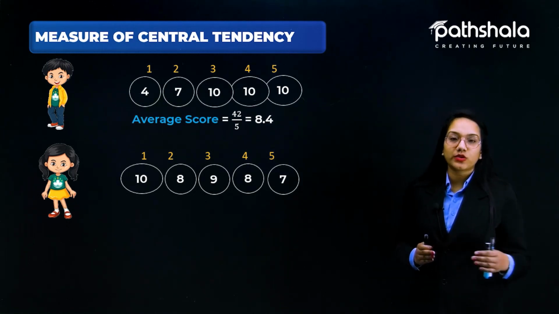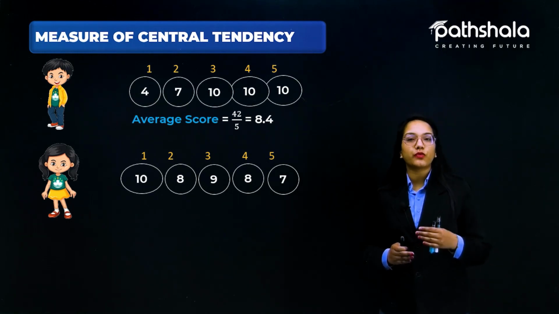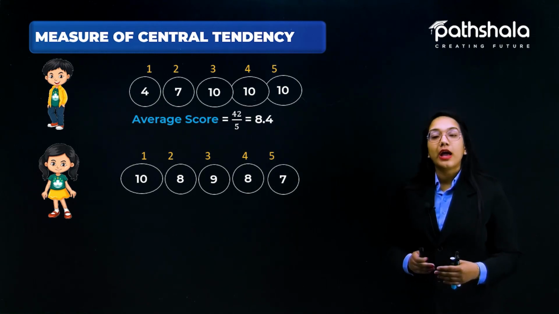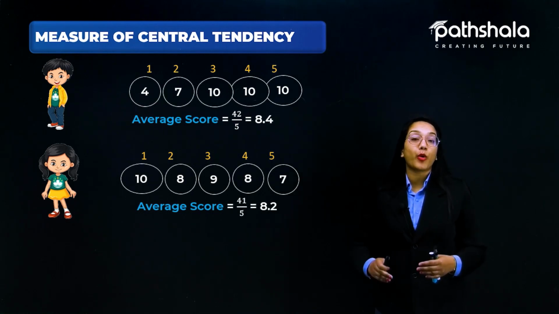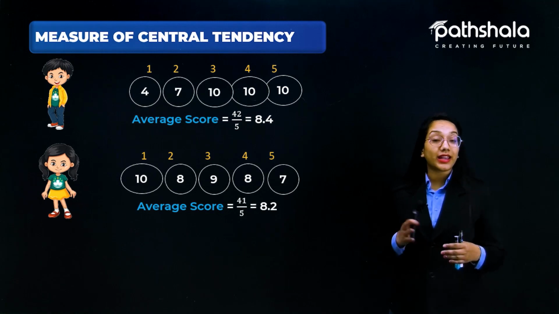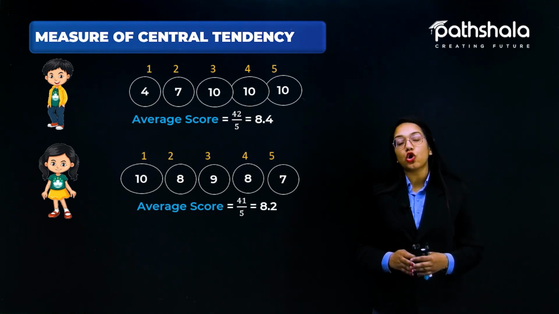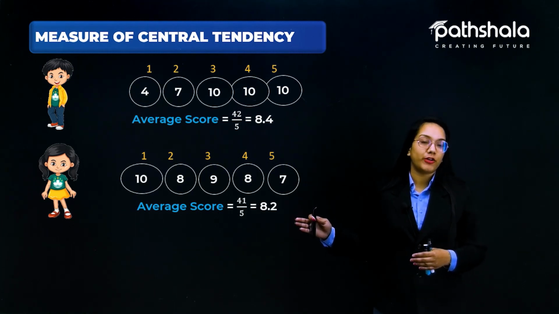The sum of all of Harry's scores was 42 and the number of questions was 5, so 42 by 5 gives the average score of 8.4. The average score of Mary came out to be 8.2. So this average suggests that Harry performed better than Mary, but Mary was not convinced at all. She did not believe in this average score.